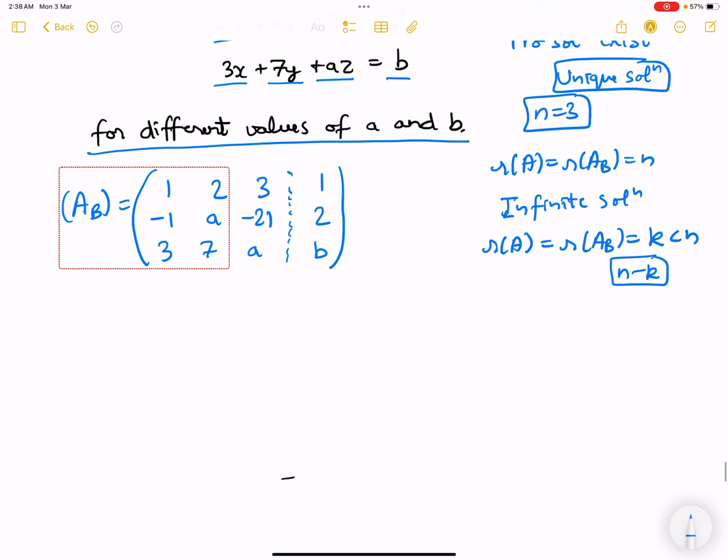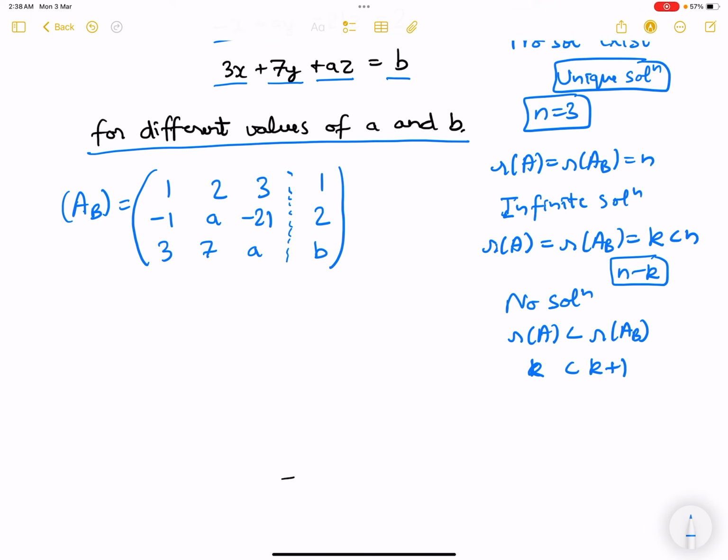And there would be no solution when rank of A is strictly less than rank of A augmented B. Whatever rank of A would be, suppose it is k, the rank of A augmented B would be k plus 1, because only one column is being added, so rank can increase by a maximum of 1.